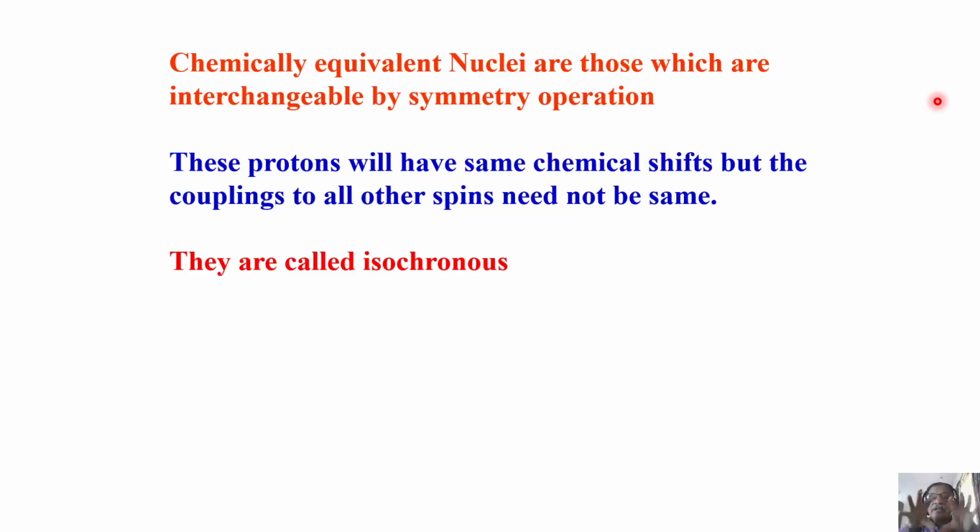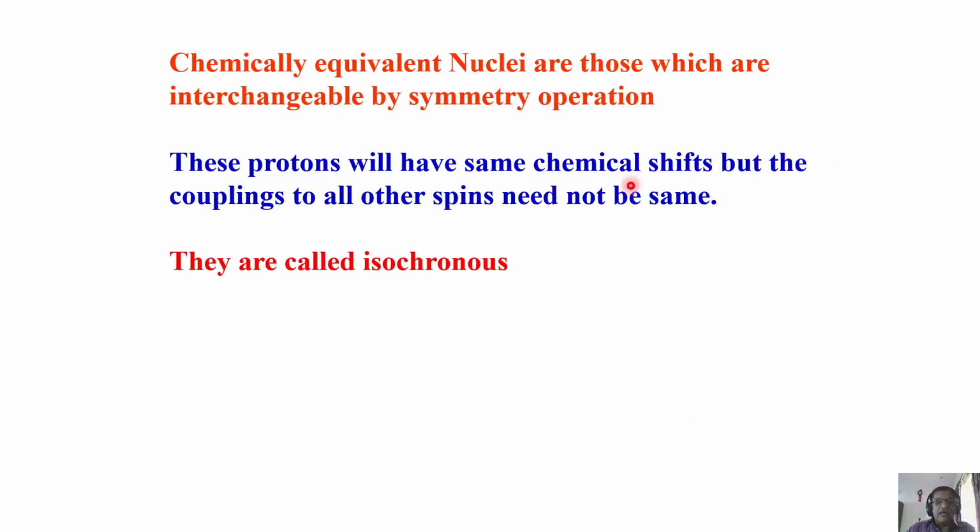Chemically equivalent means they have the same chemical environment. We can find out by simple symmetry operation. Just write down the symmetry axis or symmetry plane or symmetry point, whatever it is, and you can find out which protons are chemically equivalent.